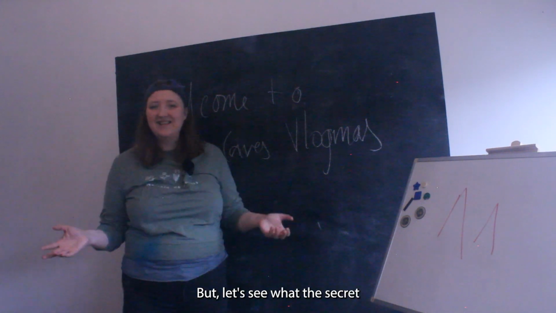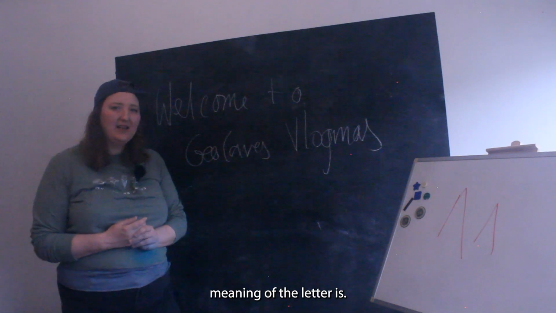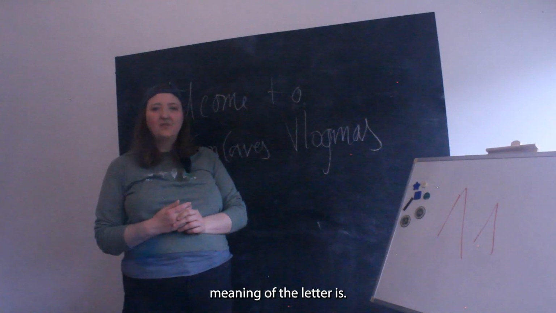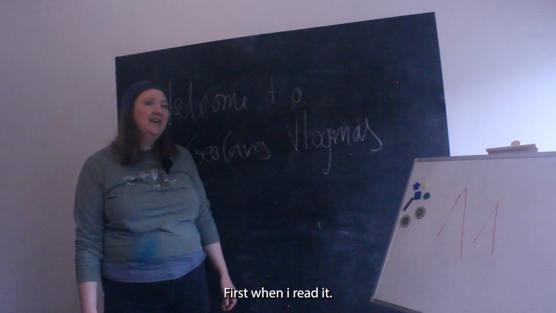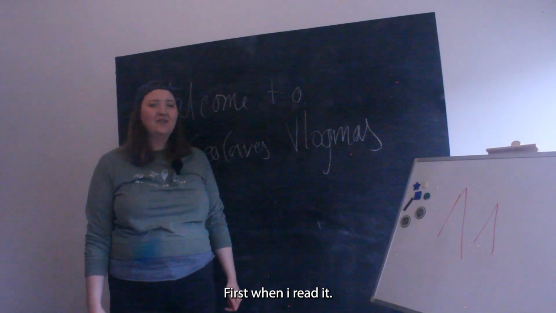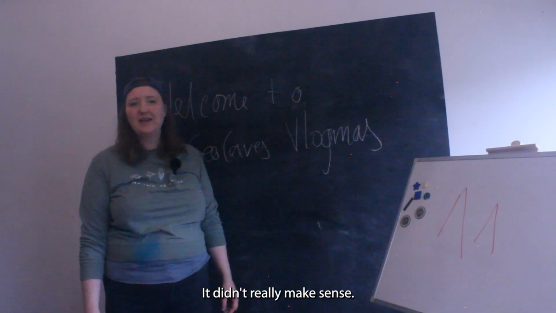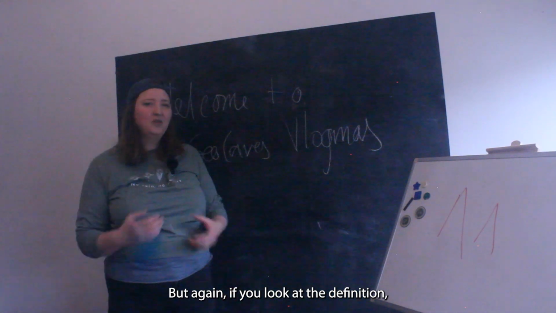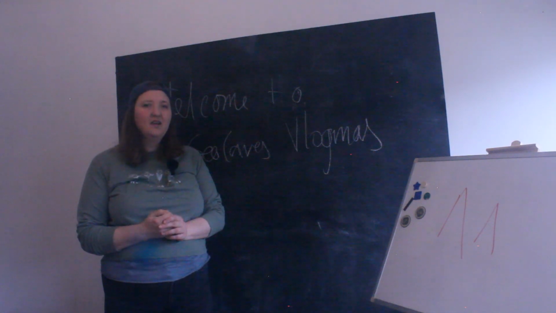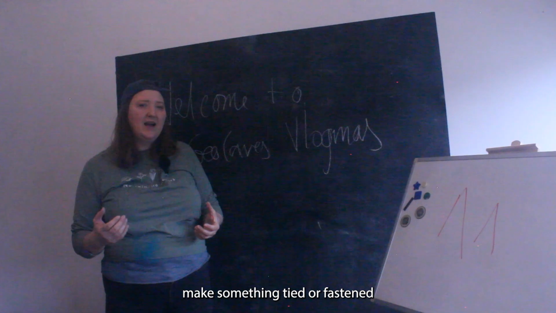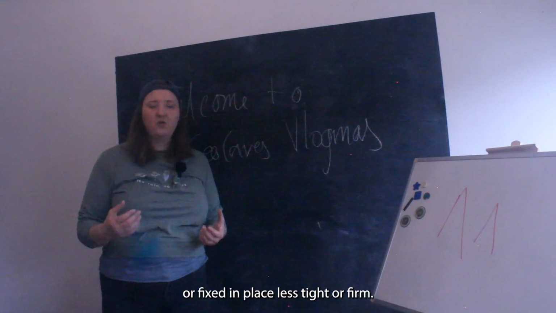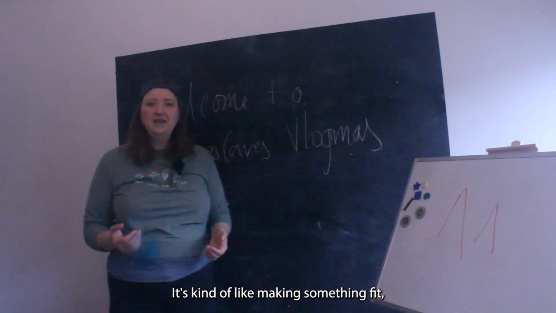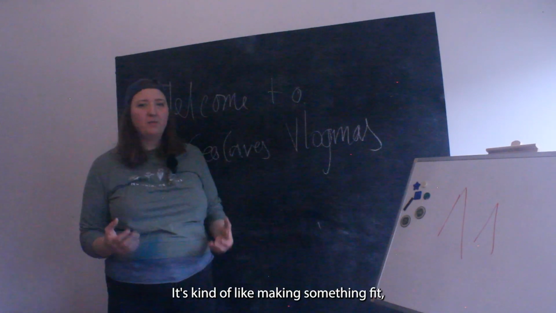But let's see what the secret meaning of the letter is. And it is loosen. Yeah, first when I read it, it didn't really make sense. But again, if you look at the definition, make something tied or fastened or fixed in place less tight or firm. And it's kind of like making something fit.